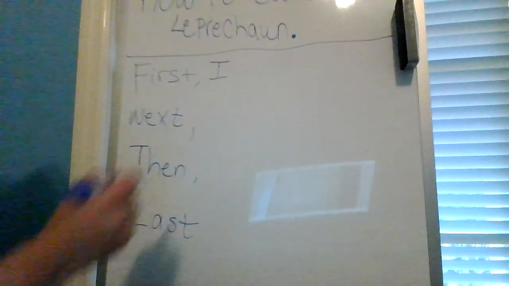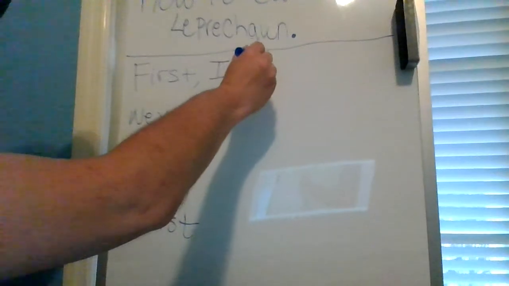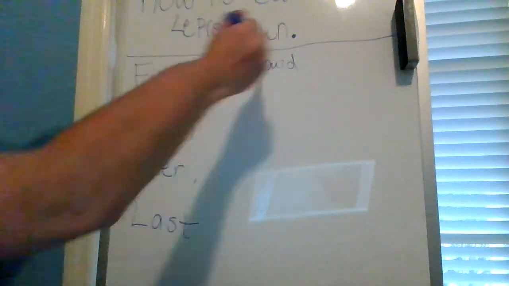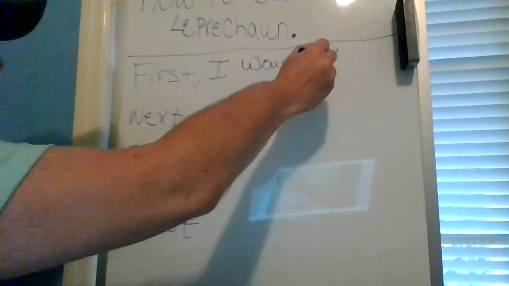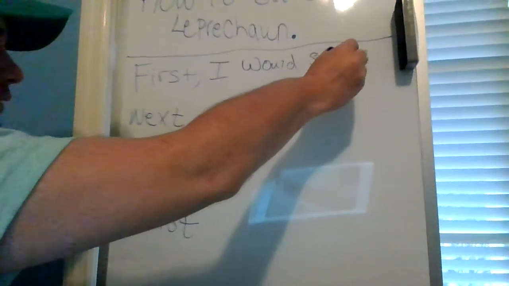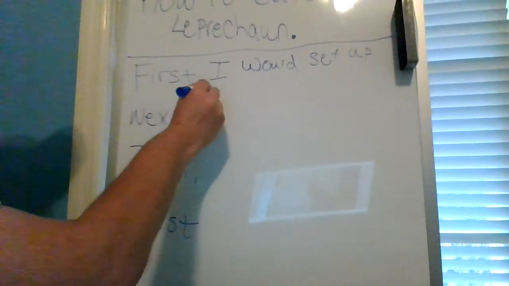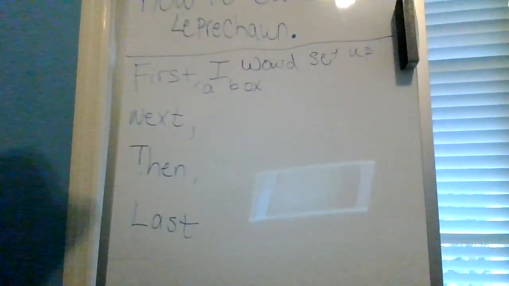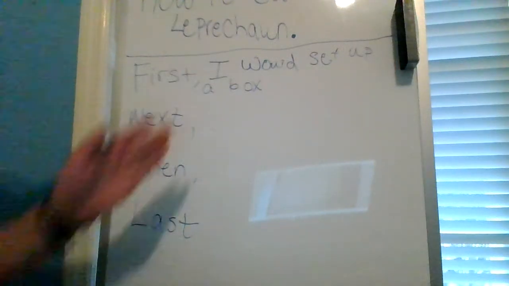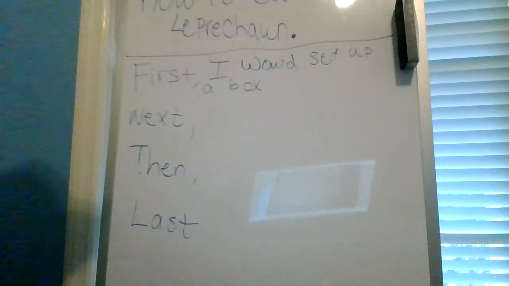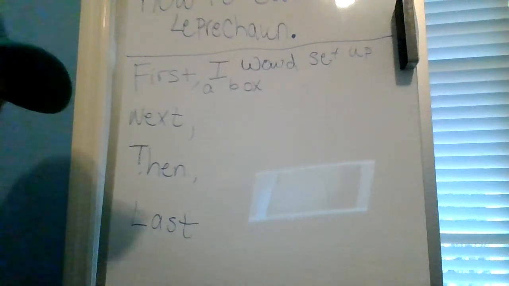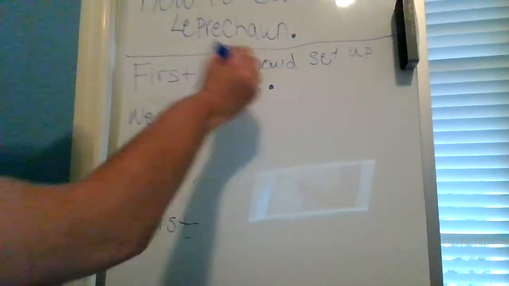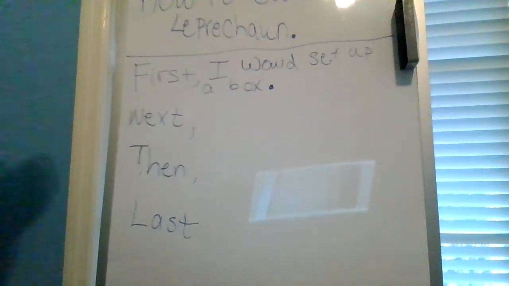So first, I would set up a box. Now, if you watched the punctuation video, we know what we're supposed to put at the end of this sentence. If I'm telling you something, what would I put at the end of this sentence? That's right, we would put a period. So first, I would set up a box.